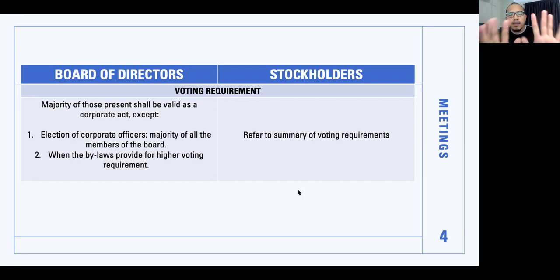Since all of the 10 members ng board of directors ay present, syempre may quorum yun. Any proposal submitted for approval in that meeting na 10 silang umaten will require an affirmative vote of 6 members of the board for it to be approved. Okay?